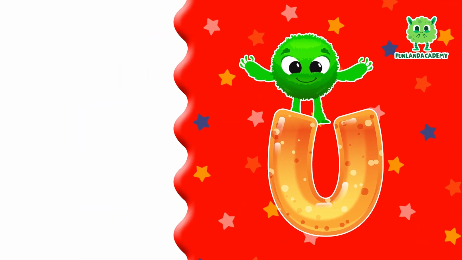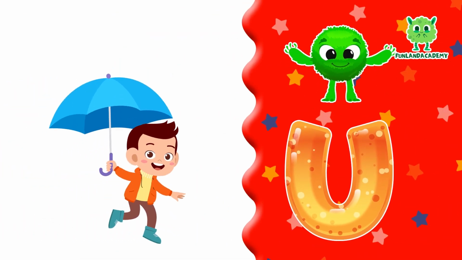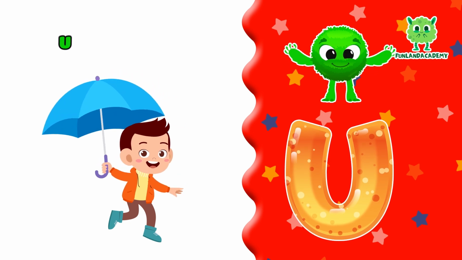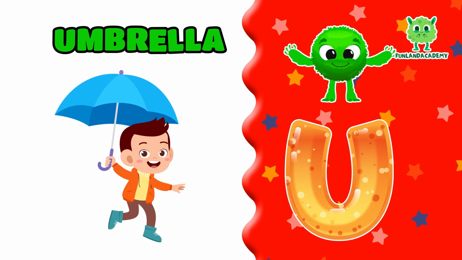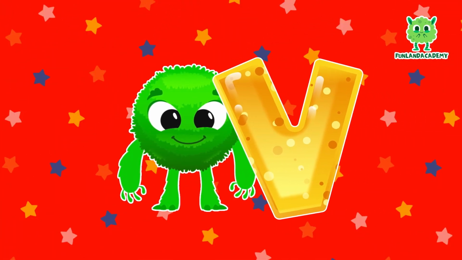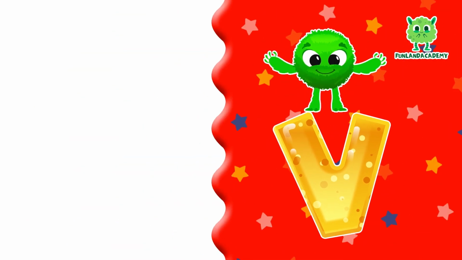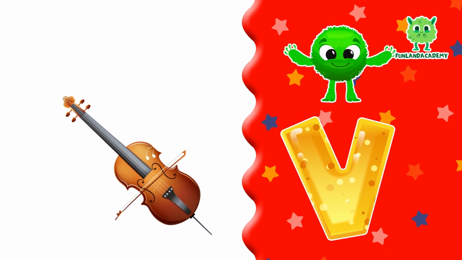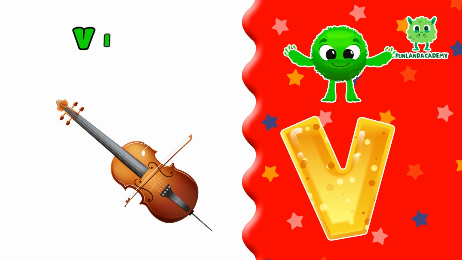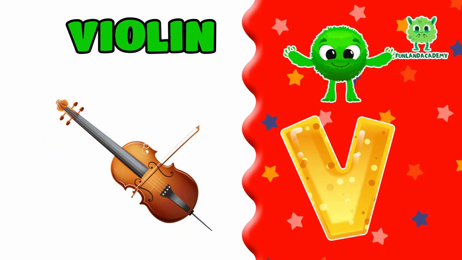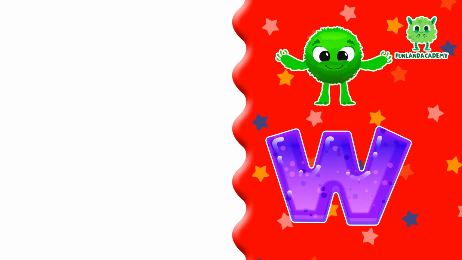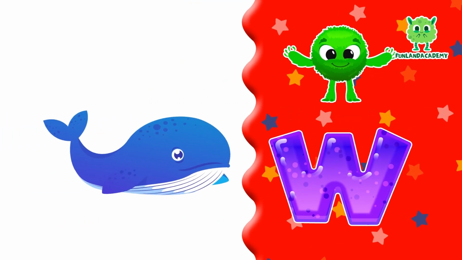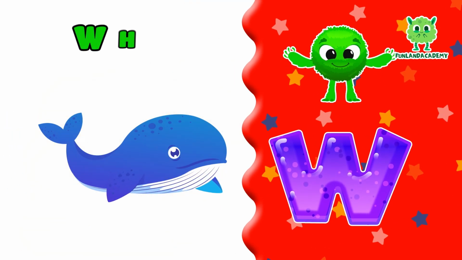U. U is for umbrella. V. V is for violin. W. W is for whale.